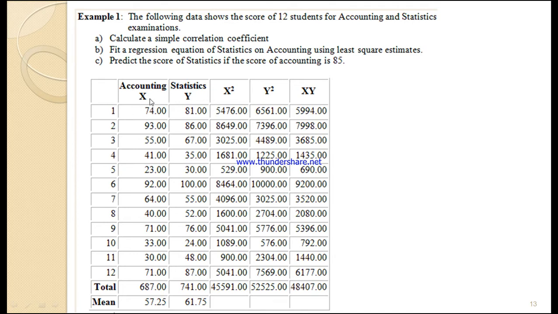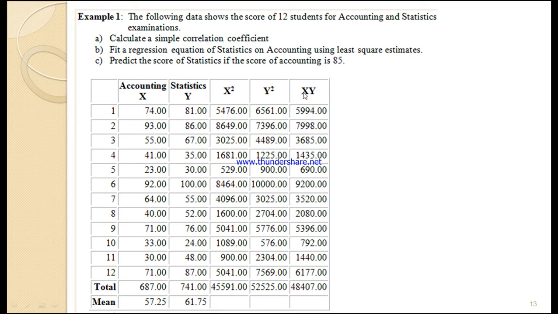When we square the accounting examination results of all 12 students, we obtain these results. The same is true when we square y, we obtain the results present in this column.